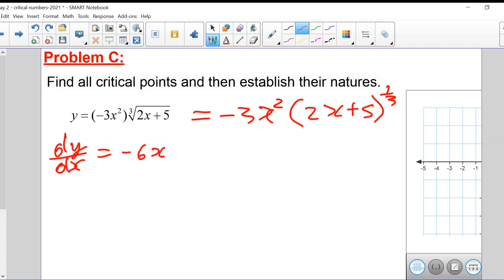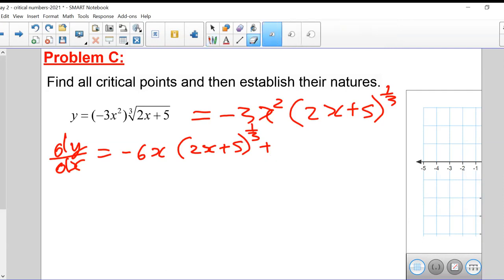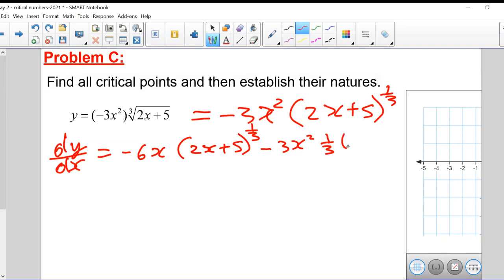The 2 times the minus 3 is minus 6, times the underived second part, so 2x plus 5 to the 1/3, plus the underived first part, which I can put as a minus, so minus 3x squared times the derivative of the second part, which would be 1 over 3 times 2x plus 5, and then 1/3 minus 1 would give me minus 2/3.